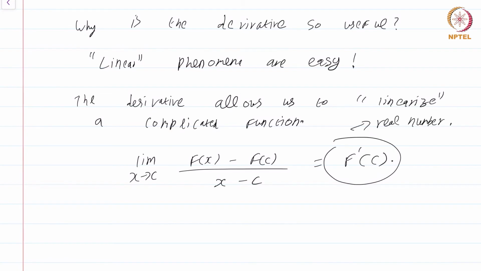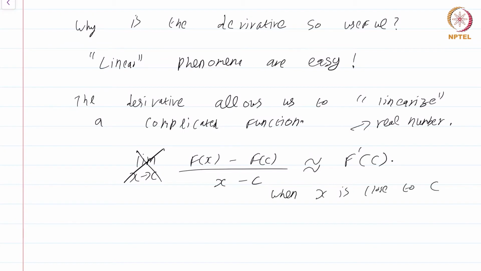Now what I'm going to do is forget this limit. Then I cannot write equal to. This will just be approximately equal to when x is close to c. Right? That's what limit means. As you get closer and closer to c, this will become a better and better approximation.